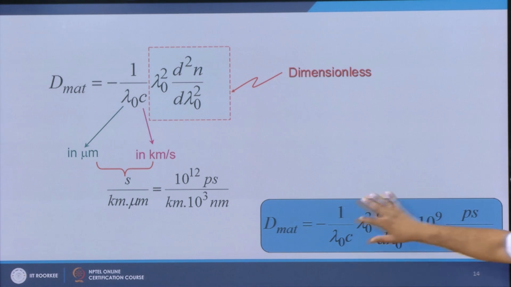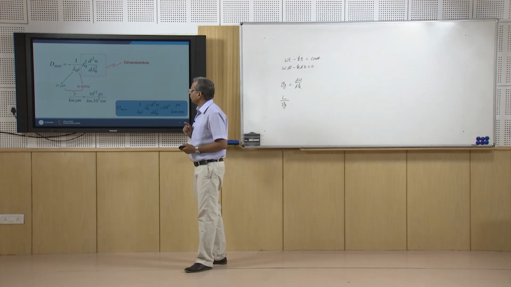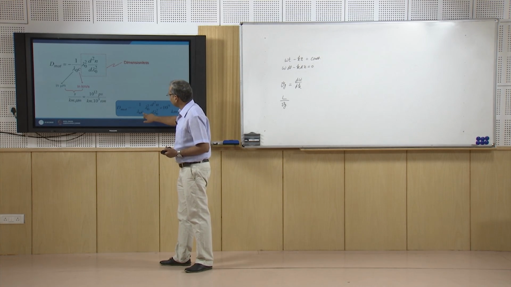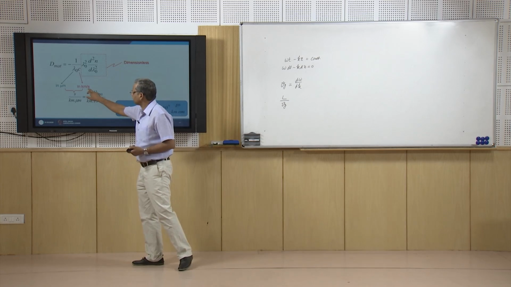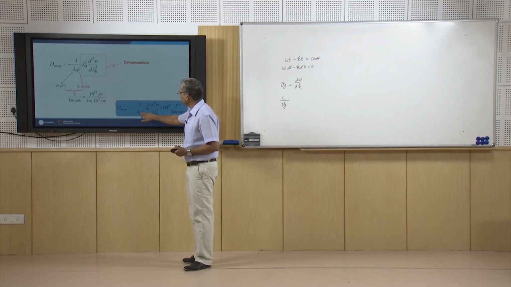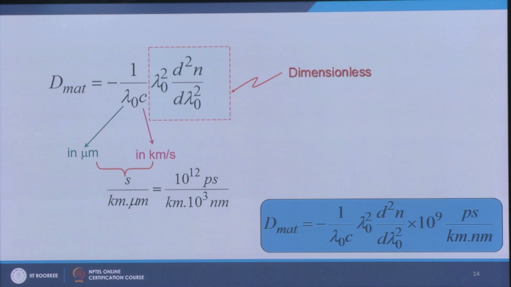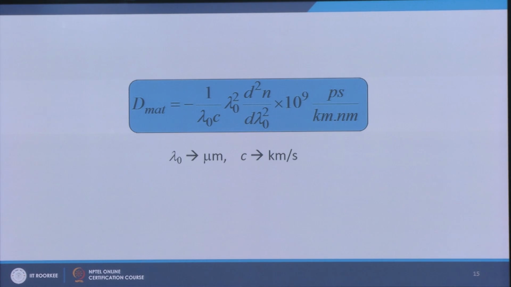So, you can use this expression to calculate material dispersion coefficient in picoseconds per kilometer nanometer, provided that you put the velocity of light c in kilometers per second and wavelength of light in micrometer. So, that is what I have written here.